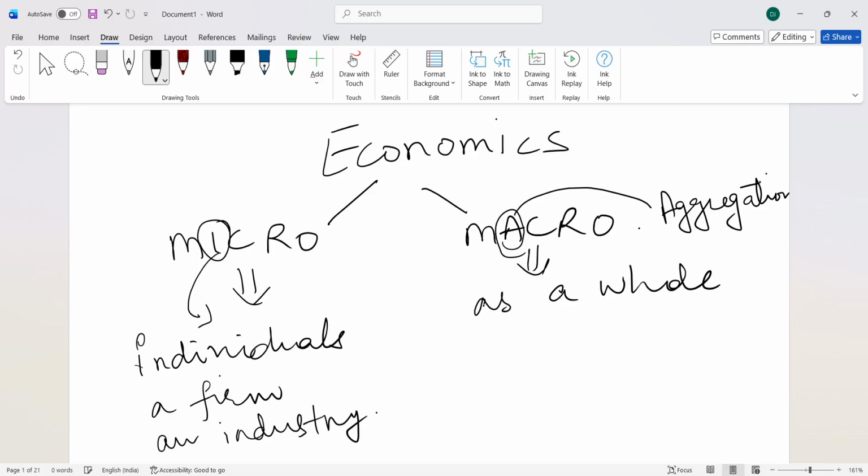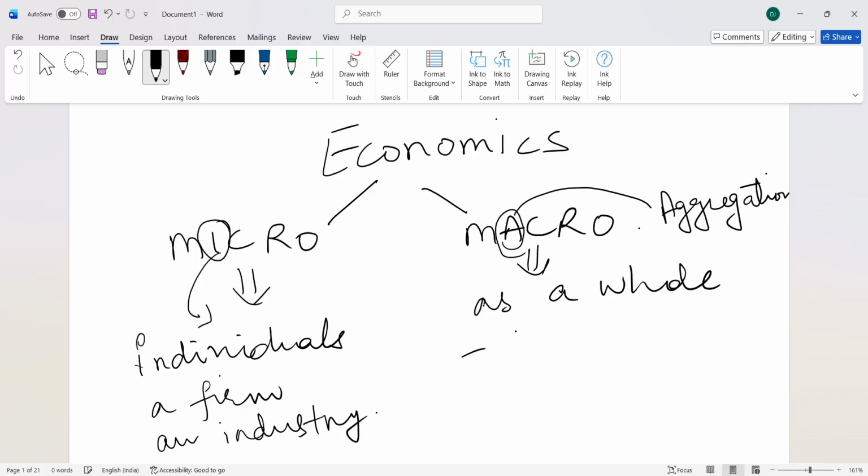When you sum up all the individuals, all the firms, all the industries in the economy, and we study the impact on the entire economy of any policy decision, of any government action taken, or any action taken by one industry on the other, all that is your macro.